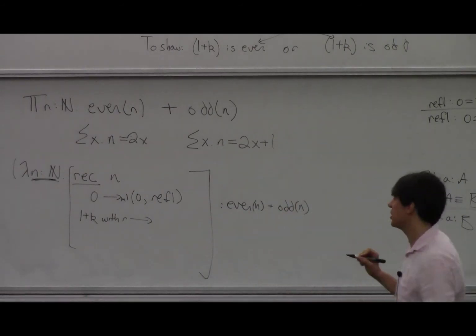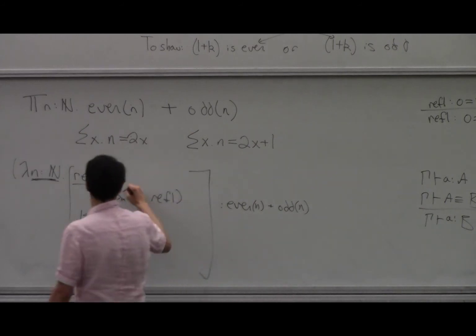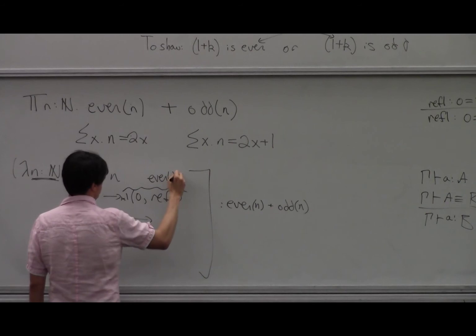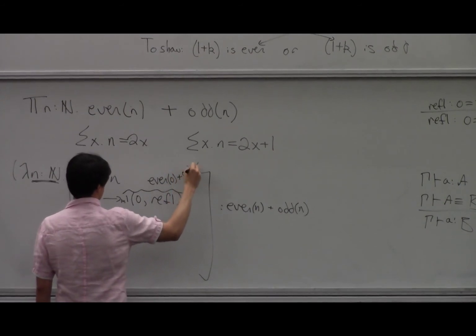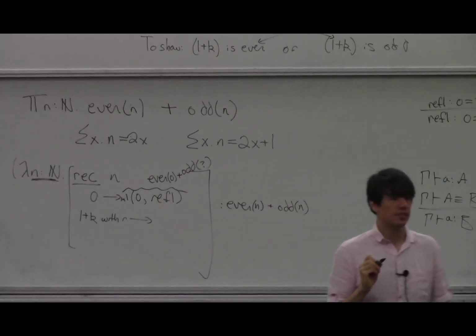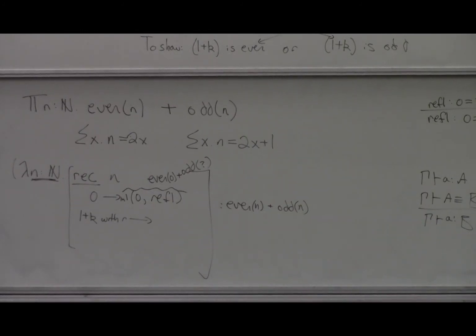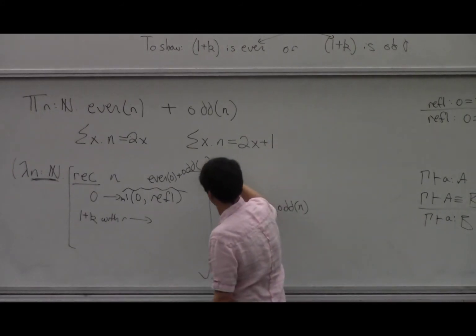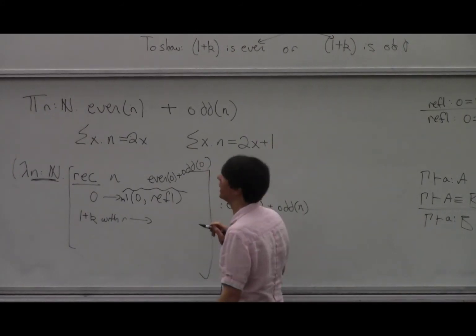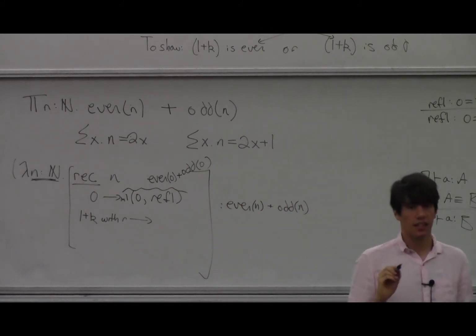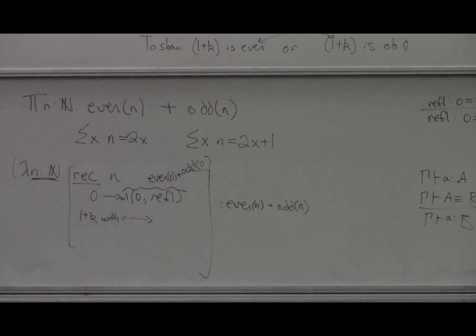What we produced was something of type even of 0 or odd of really anything we wanted, but in particular, odd of n. Is that good enough?